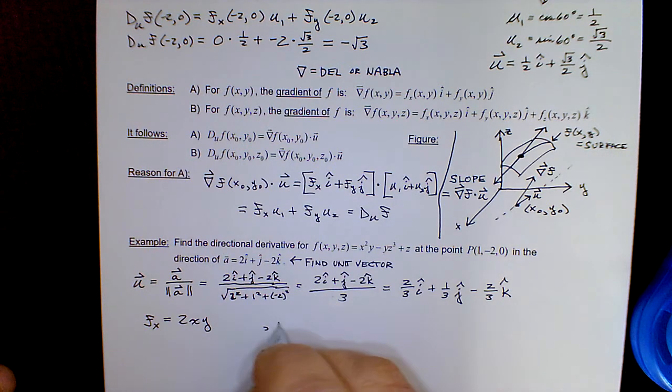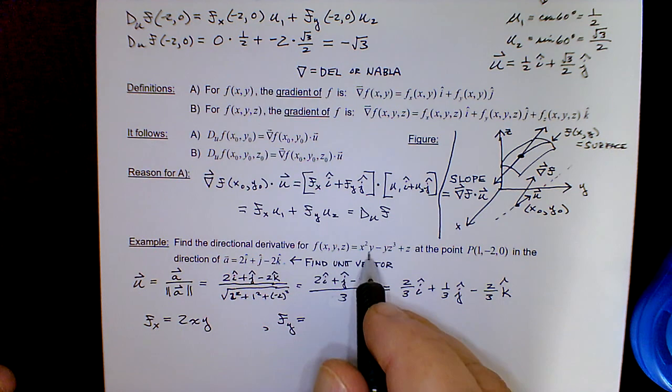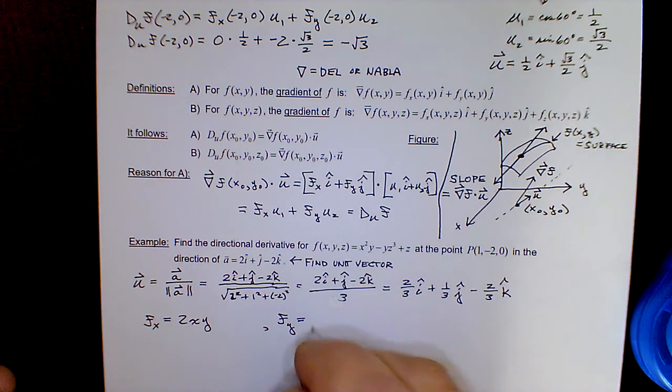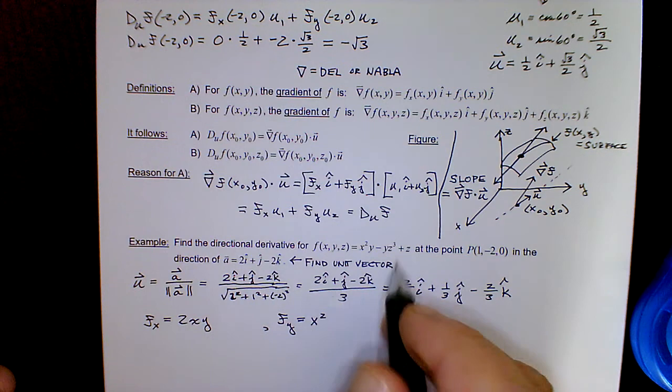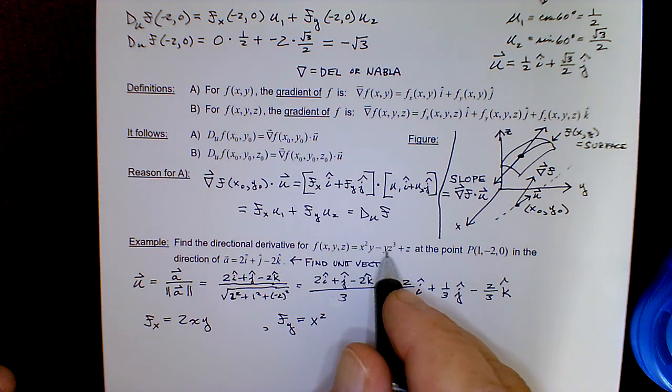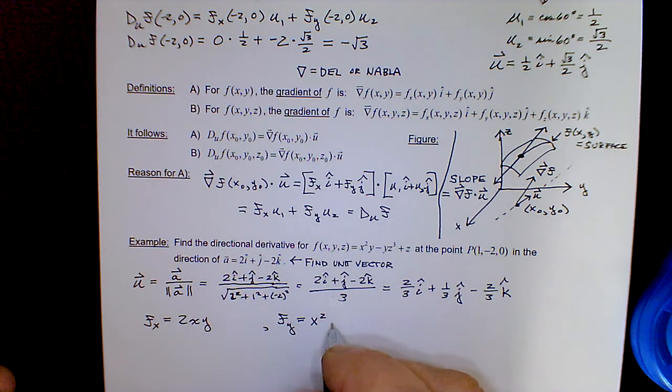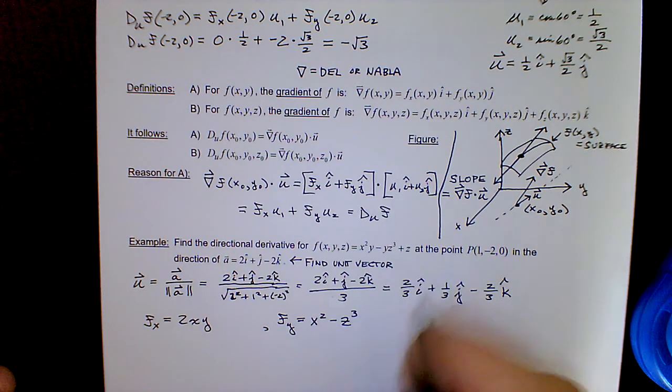F sub y is going to be, now x and z are held as constants. Derivative of y is 1, so for the first term we get x squared. Derivative of y is 1, so for the second term we get minus z cubed. But then since z is a constant, the derivative of z is 0.